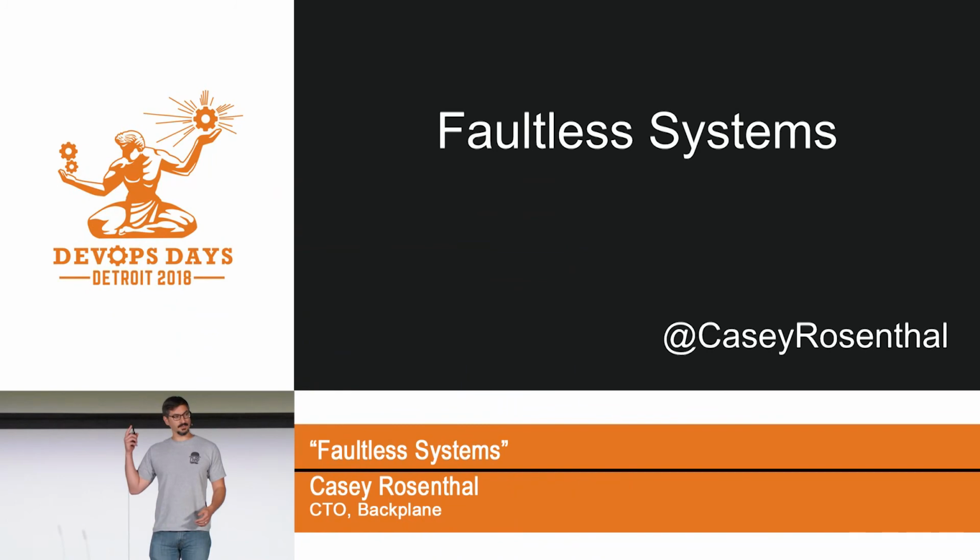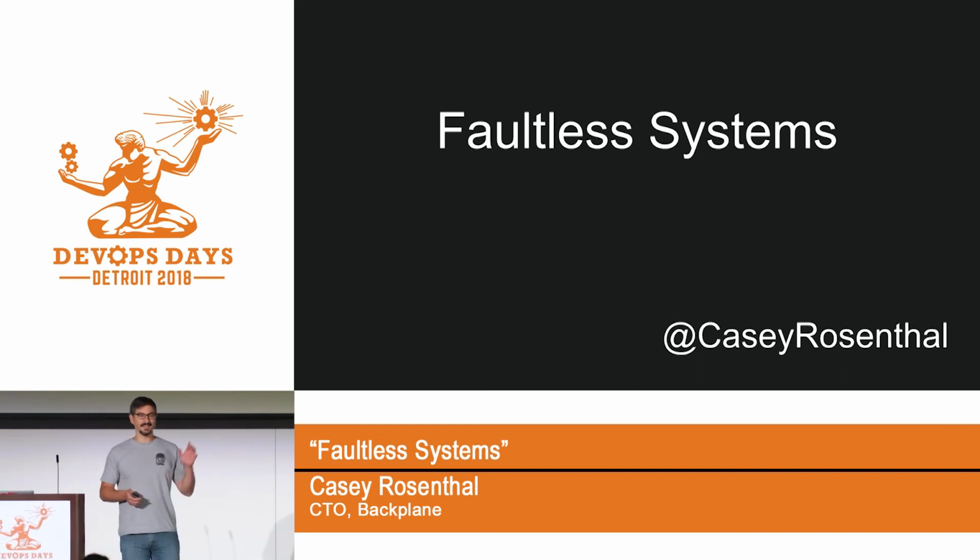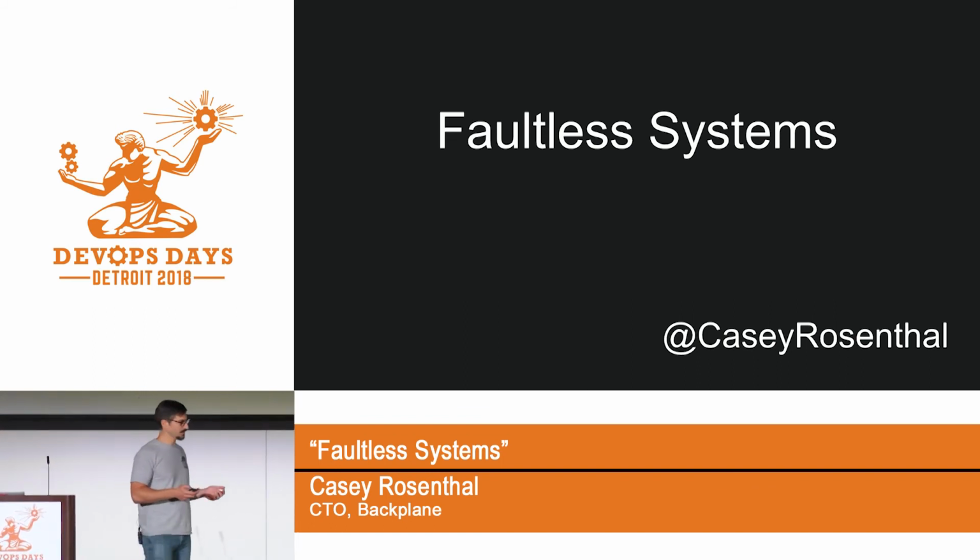So DevOps is about surprises in production and improvisation and adapting to that. So I'm going to improvise a little bit, and I'll have you improvise a little bit too. I was going to give a talk on faultless systems. Now that I understand the format of DevOpsDays a little bit better, I think that's probably a better conversation for one of the open spaces or lunch conversations.